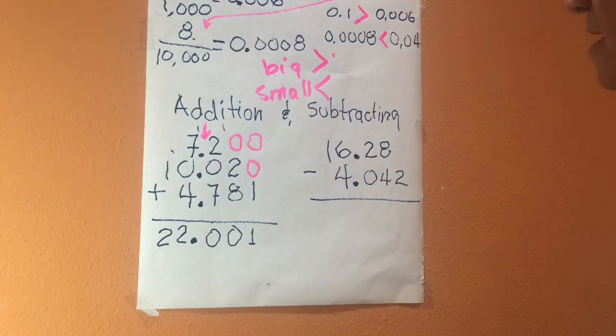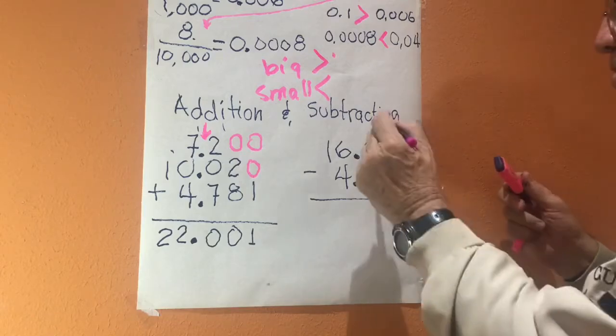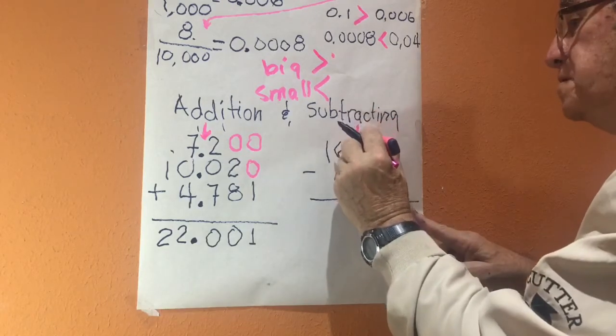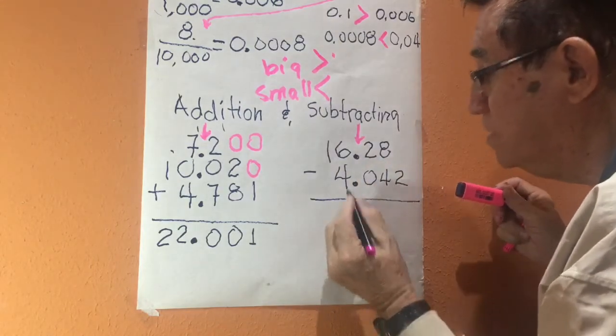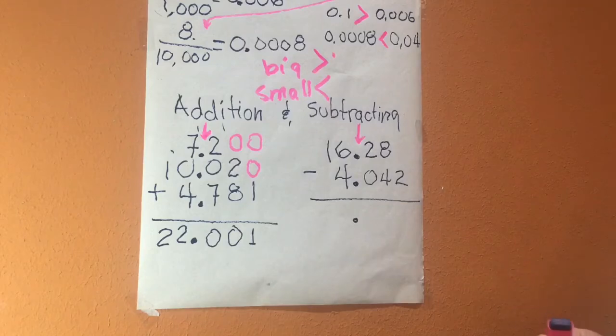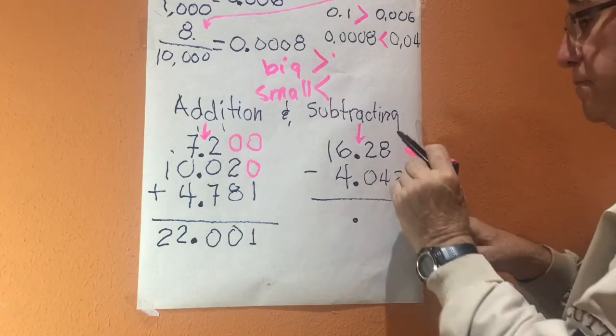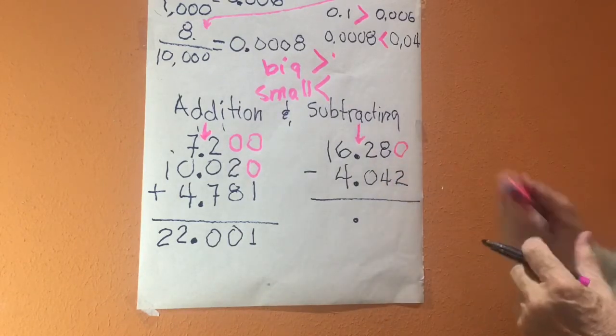Very simple. In subtractions, the same thing. The main and most important part is that I have to have my decimal point in this separation of the whole part from the decimal one. And I have to complete this column.